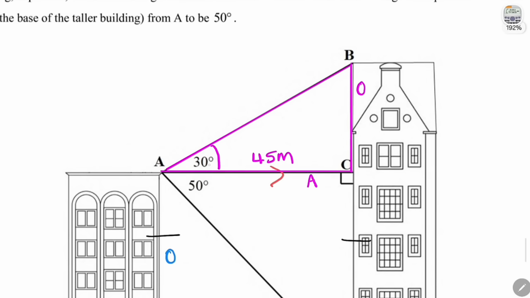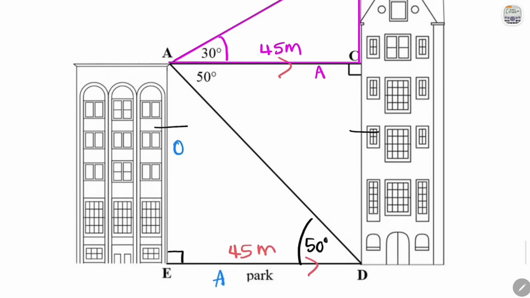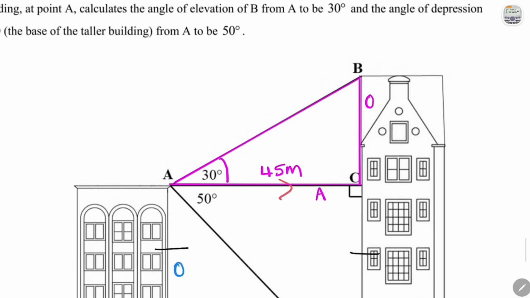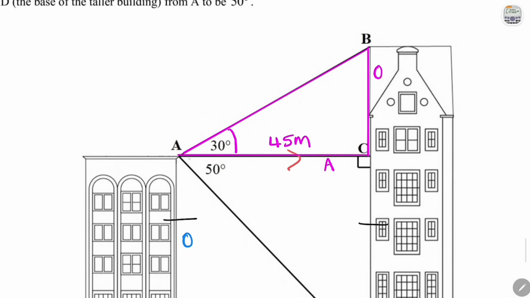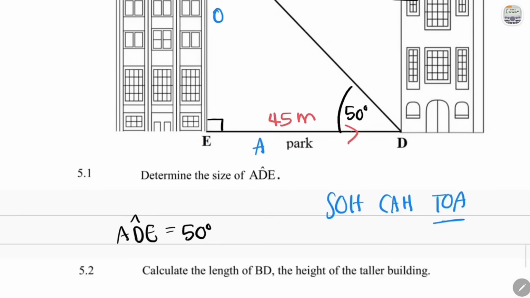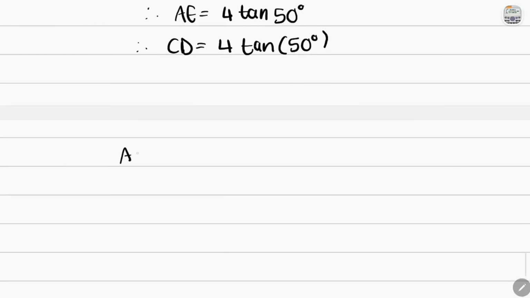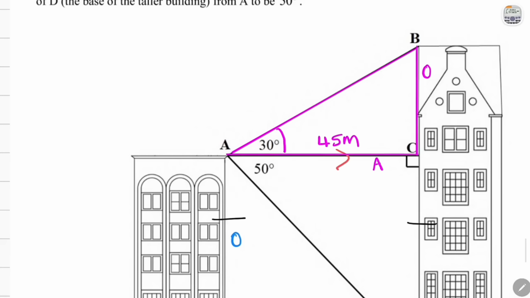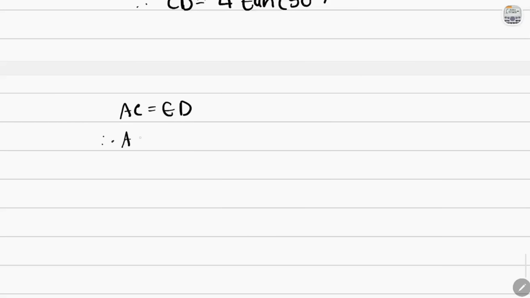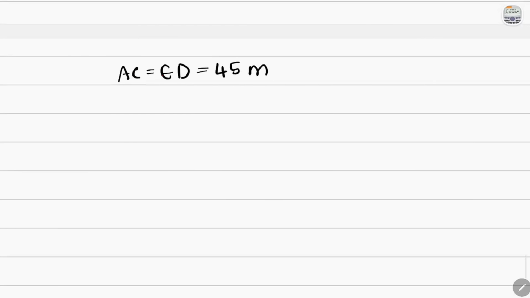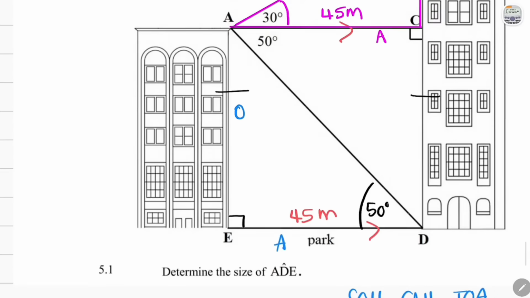So we have the opposite and adjacent sides, and clearly we're going to use tan again. We know that AC equals ED, so AC is equal to 45 meters, and I'm just going to leave it like that.